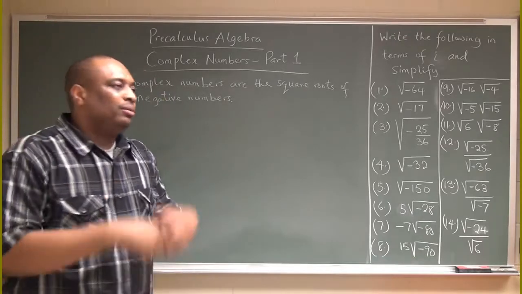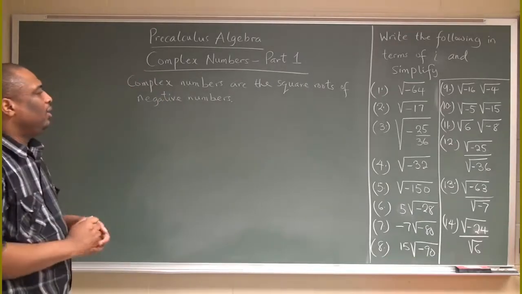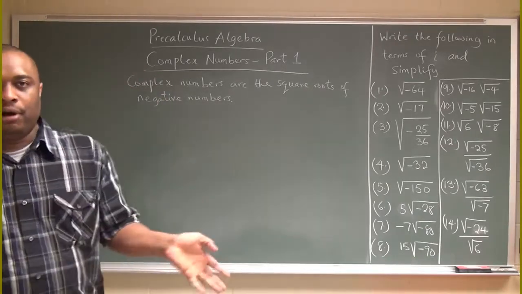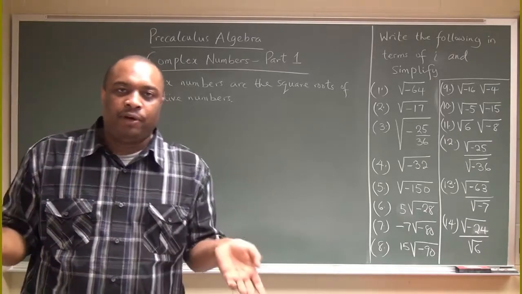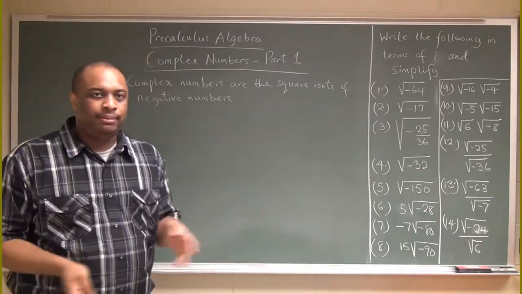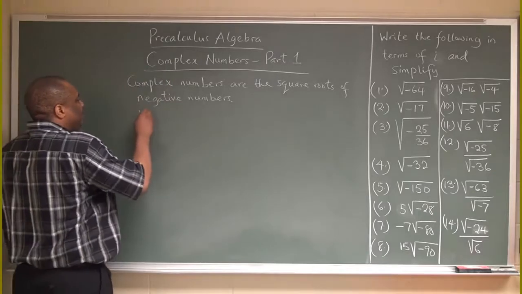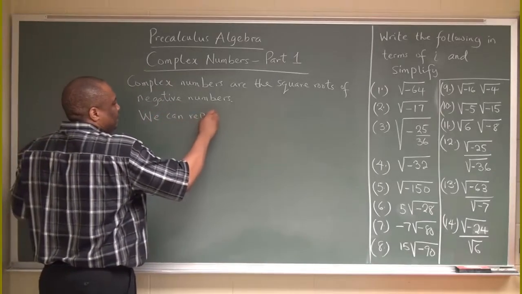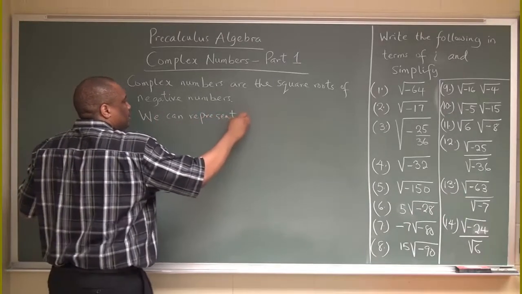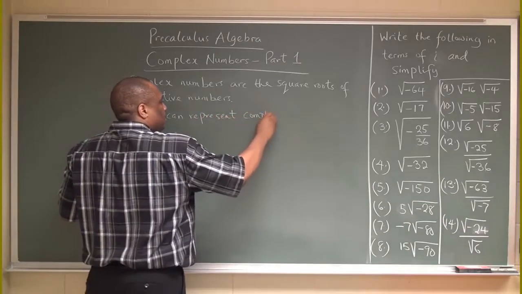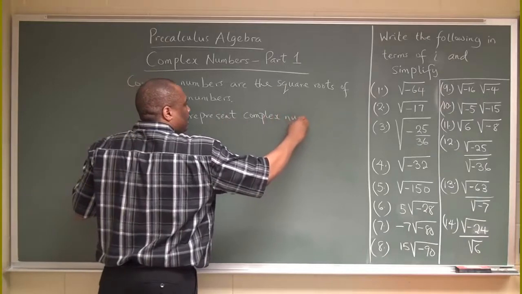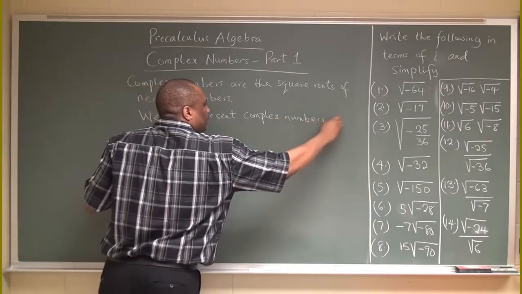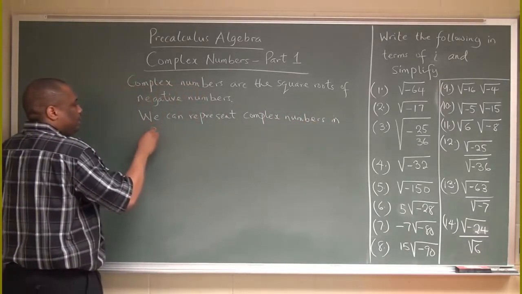Now, basically, we have three forms of representing complex numbers. We can represent complex numbers in three forms.